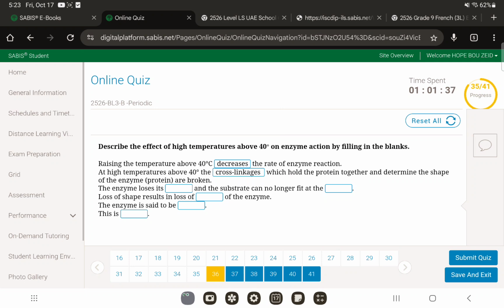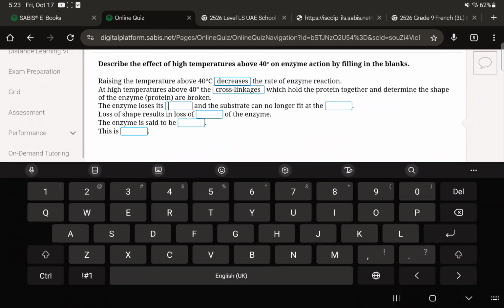Basically, the bonds are broken, which causes the shape to break, which leads to the enzyme losing its function.